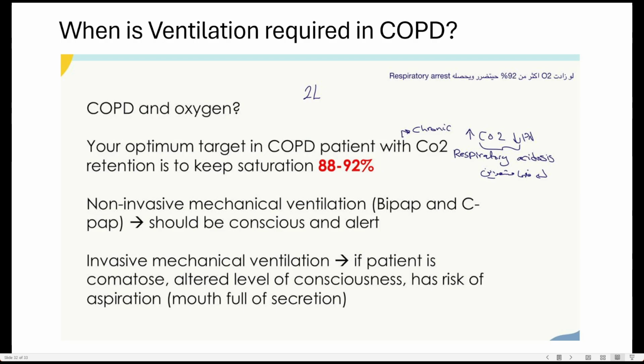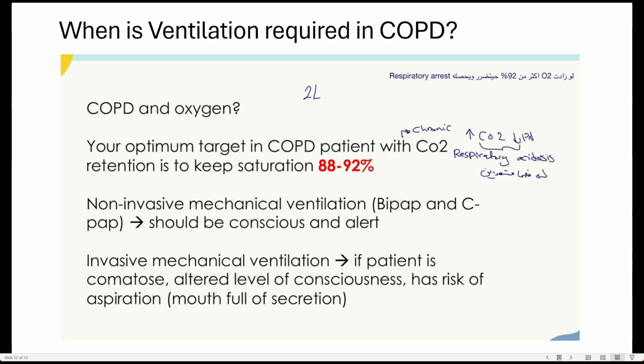Now, because you have decreased pH, this will depress the respiratory center in the brain. It will say, okay, I have carbon dioxide at this level. I have my pH at this level. So my oxygen demand is low. It is not going to be super high.